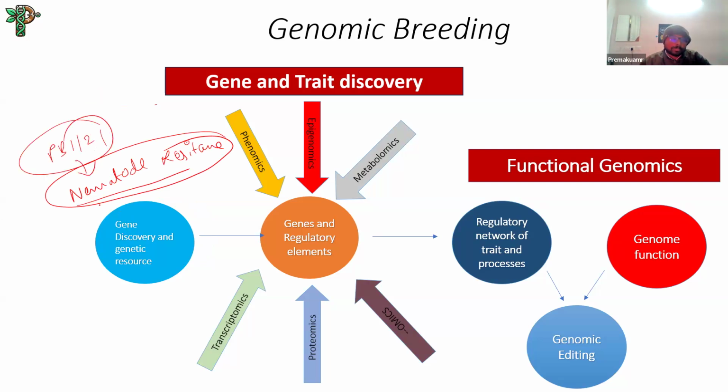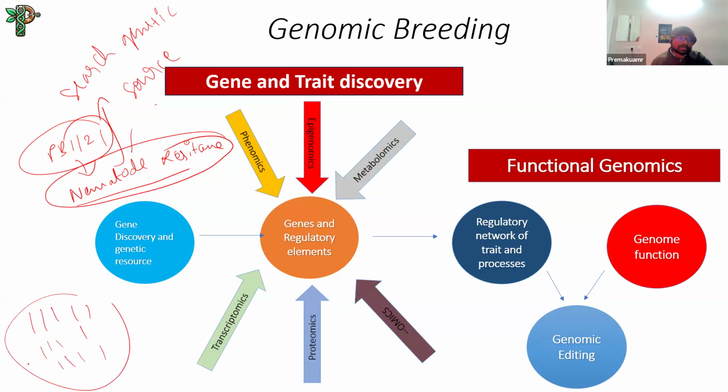We have to search for the genetic source of genes for this nematode resistance. We have to screen a lot of landraces, wild species, cultivable species, or any genotype. You have to do screening. So gene discovery and the genetic resource is the first step.